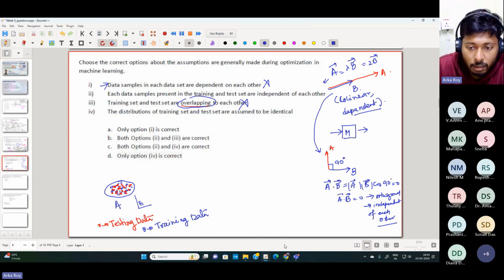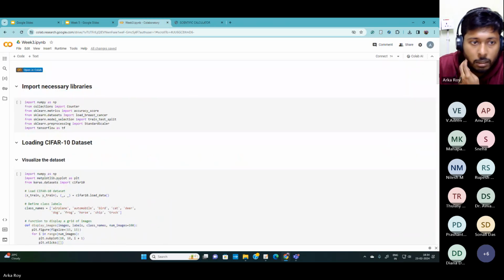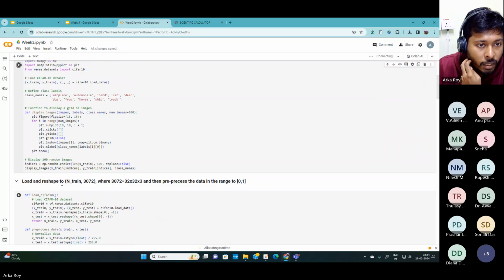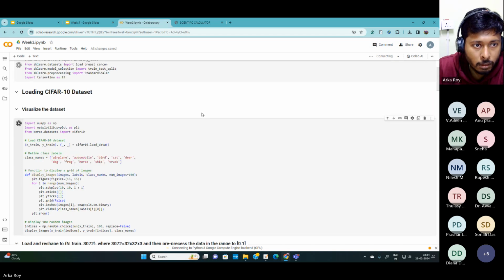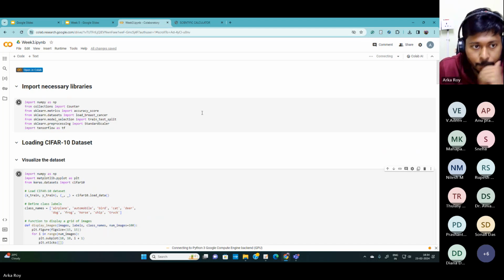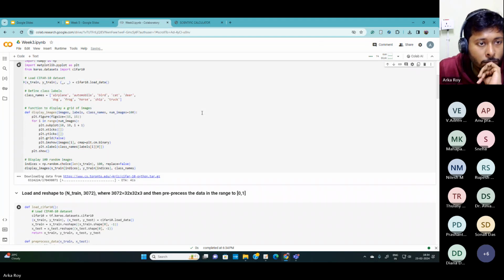For this, if I show you one such example, if I show you the images, then it will be very easy to infer from the analogy itself.